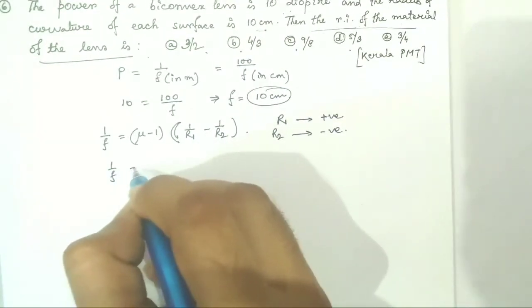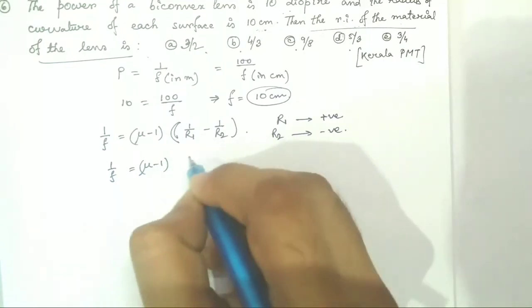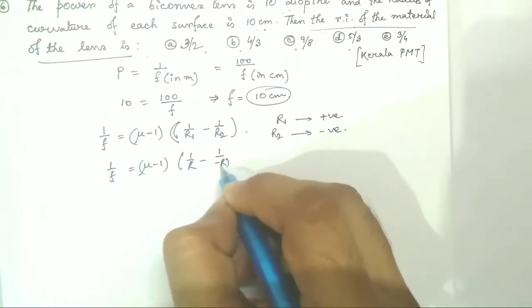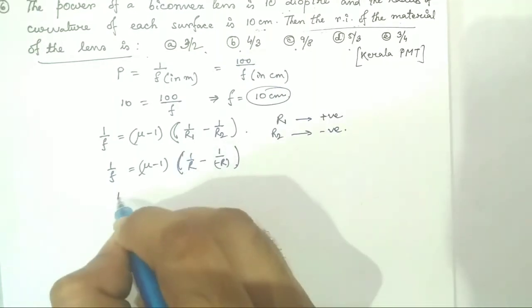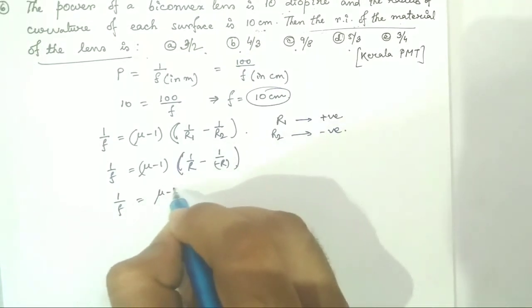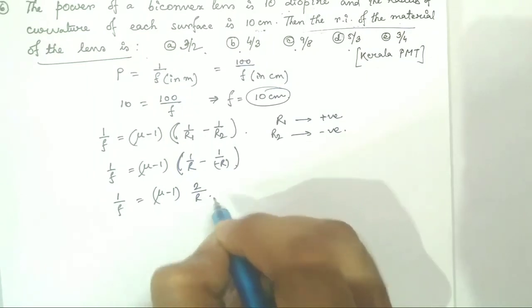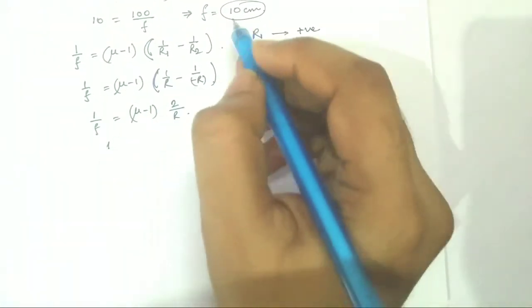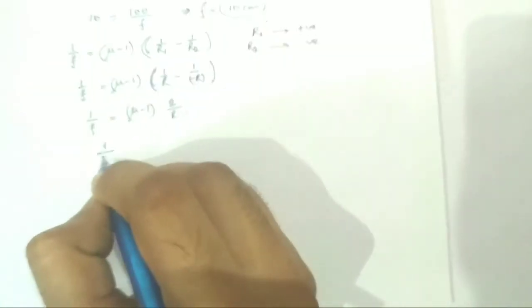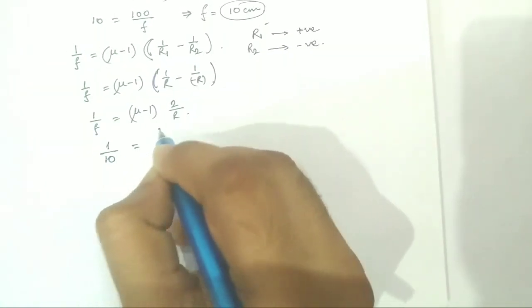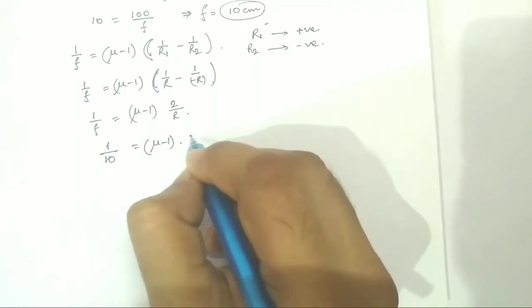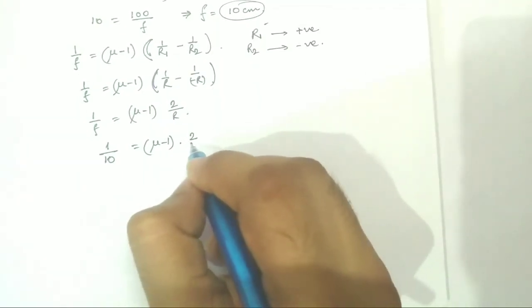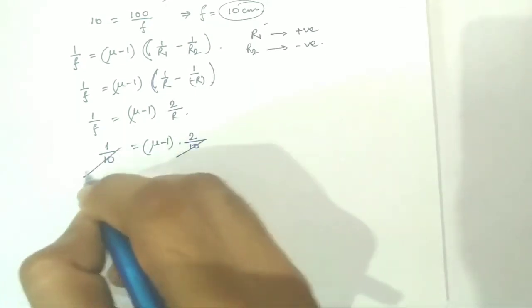So 1 by F equal to mu minus 1 into 1 by R minus of minus 1 by R. So 1 by F is given by mu minus 1 into 2 by R. Now put the value. 1 by F, the value of F is 10 centimeter, that is 1 by 10 equal to mu minus 1 into 2 by R, where R is the radius of curvature which is given by 10 centimeter.